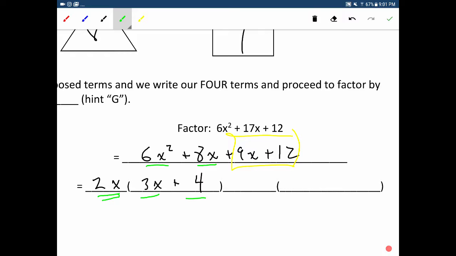So now we move on to the next two terms. So we'll actually ignore these two terms here. Just pretend they're not there. We're done with them. So then we move on to the 9x plus 12. So again, we say what's our greatest common factor. Be careful if you're factoring a negative number out. But in this case, everything's positive, so it's going to work really well.